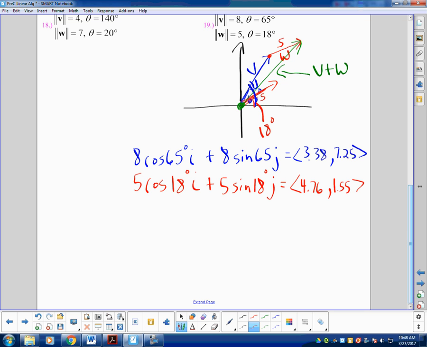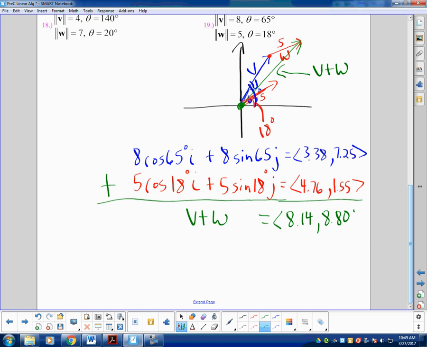And then v plus w, which we have in green, we can now find. It's just putting a line underneath these two and literally adding them. So 3.38 plus 4.76 ends up being 8.14. And 7.25 plus 1.55 is 8.80. So there's my new vector v plus w.